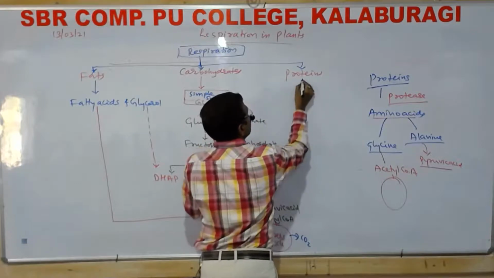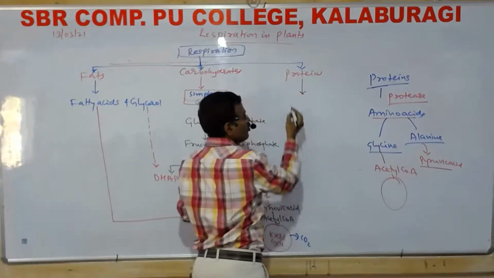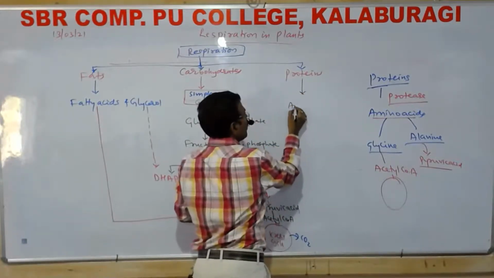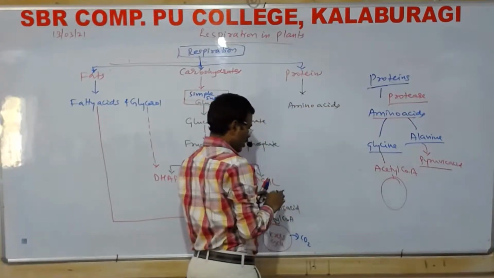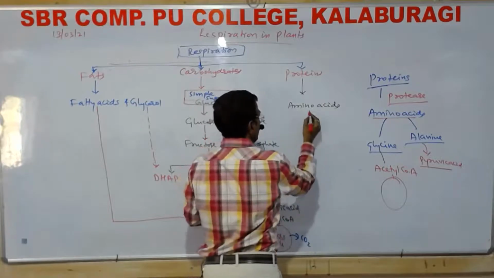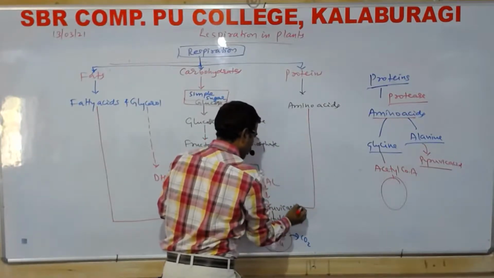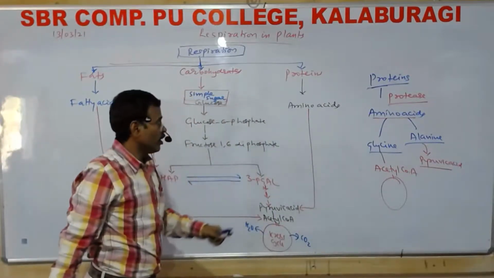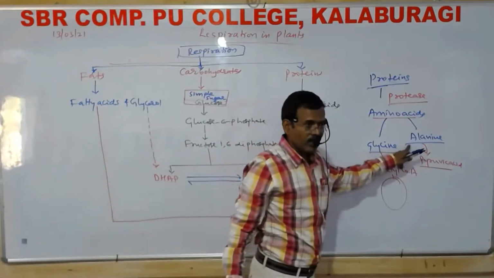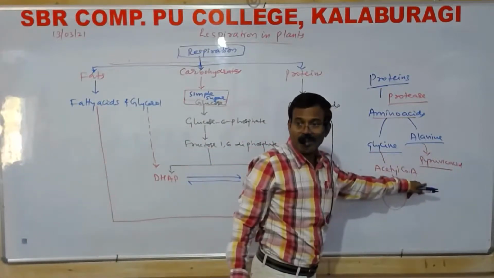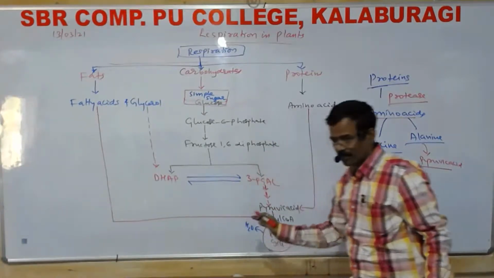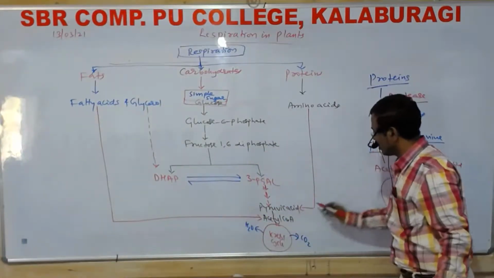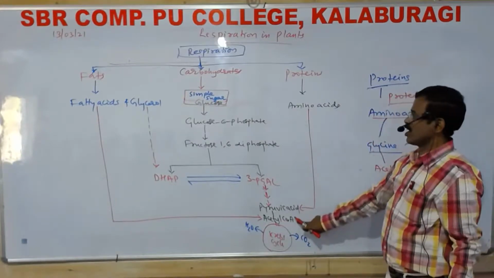Proteins will usually be broken down by the action of protease into amino acids. These amino acids enter the respiratory pathway. If alanine is there, it is converted into pyruvic acid. Suppose if lysine is there, it is converted into acetyl coenzyme.